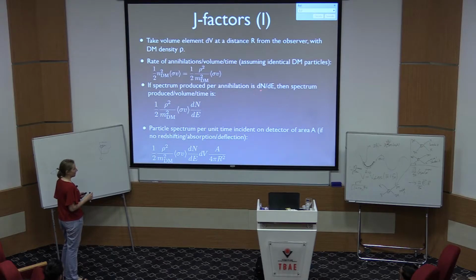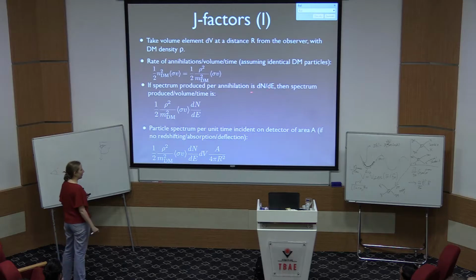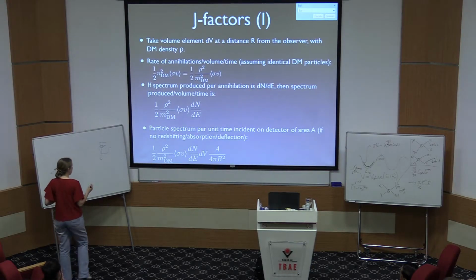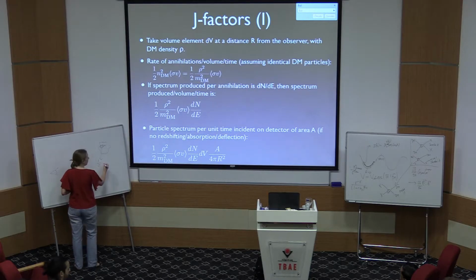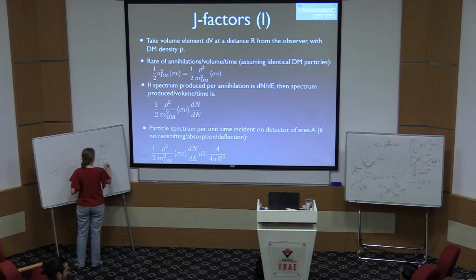So this is the particle physics calculation. This is what you work out with Pythia, or your favored program for figuring out, well, first you do a calculation to figure out what standard model particles are produced, and then you look at how they decay. Then the spectrum produced per volume per time can be written in this form.